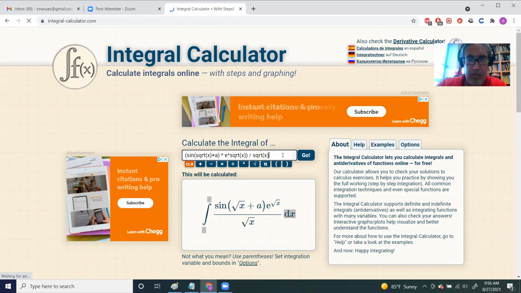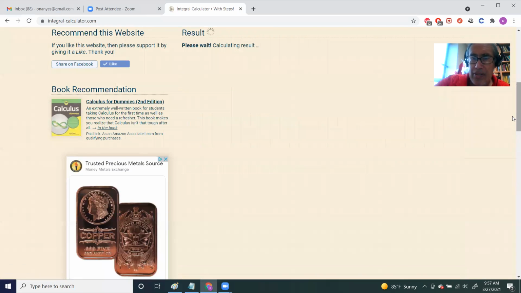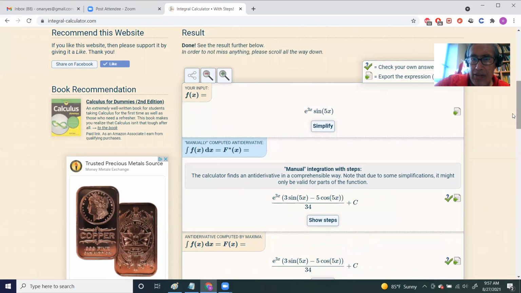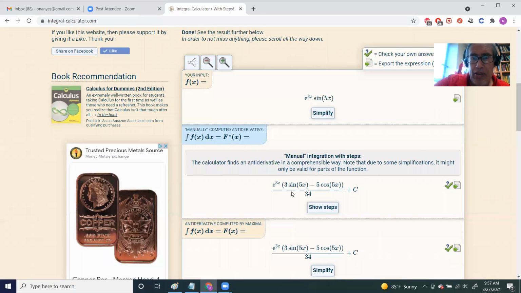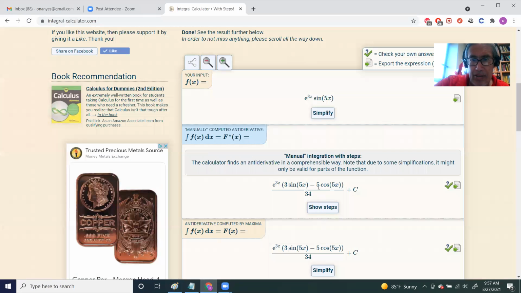So let's just go. So we get there's your 34, there's your 3, and there's your 5, as we said. There's your 3, and there's your negative 5, and there's your 34 in the denominator.